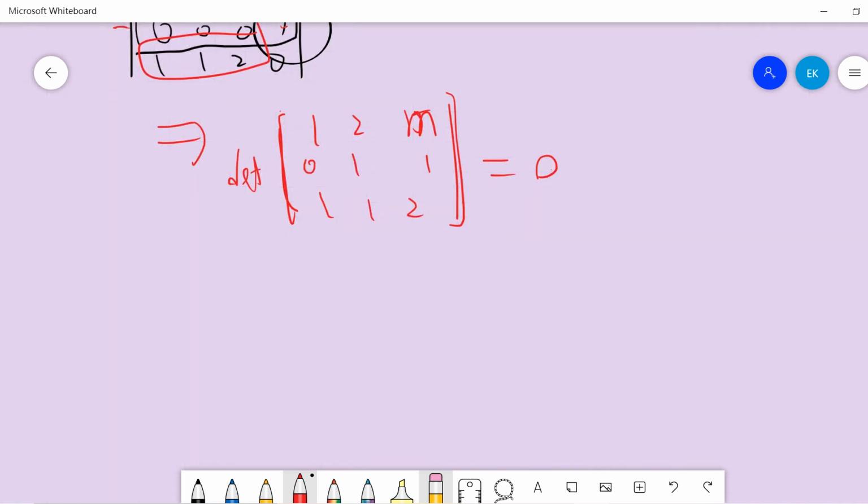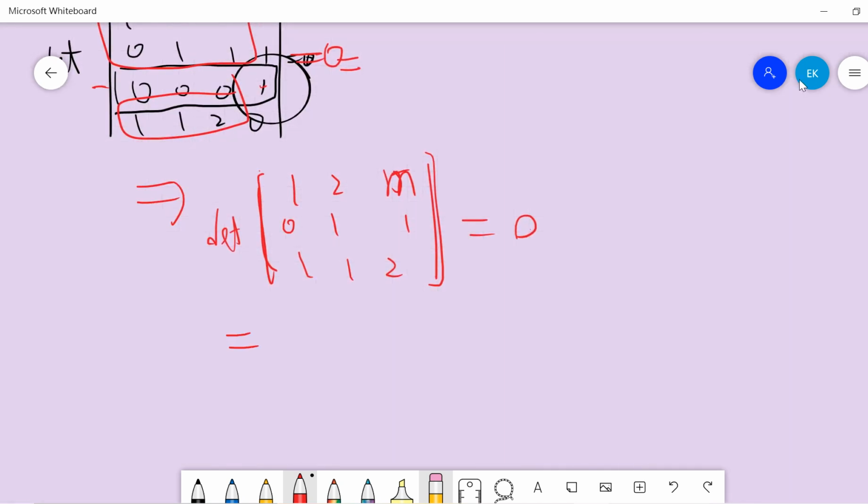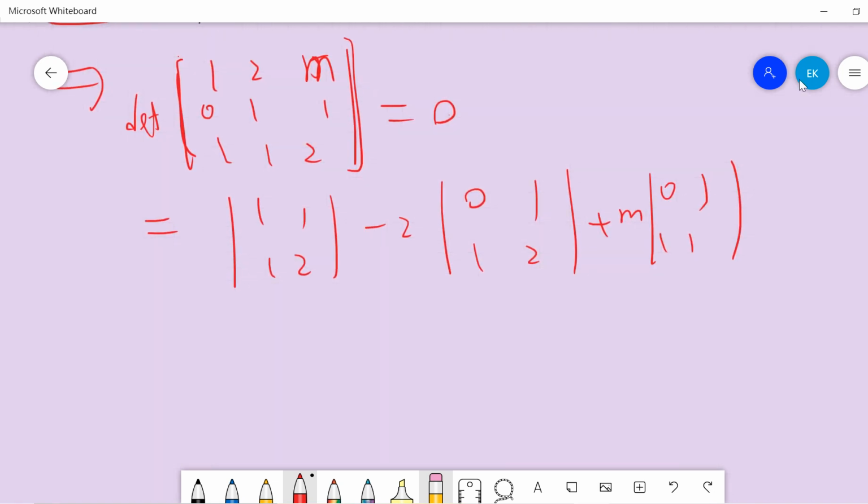And you can solve for m easily. We just compute directly. So this is 1, 1, 1, 2 minus 2, 0, 1, 1, 2 plus m, 0, 1, 1, 1. This is 1 times 2 minus 1 plus minus m.